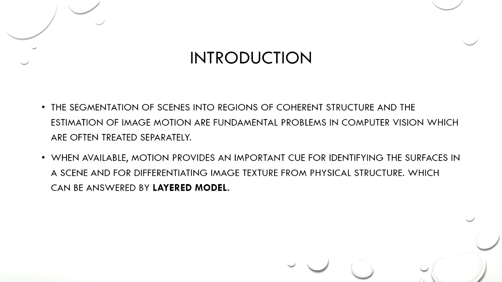So this is layered motion and the difficulties that we face, and the solution to all of this is to get a better computer vision model and to create a better layered model. Here is another example. The first step is to take an image and identify what is foreground and what is background.